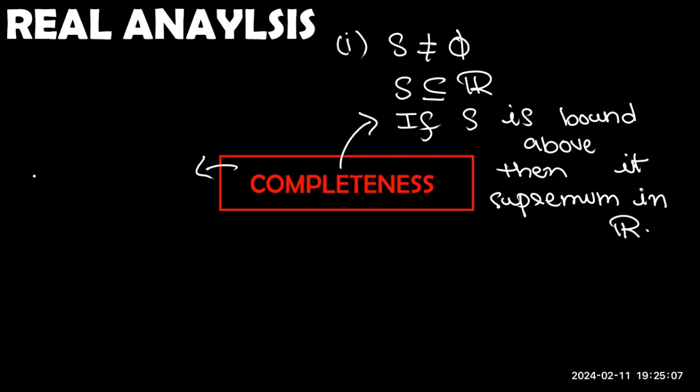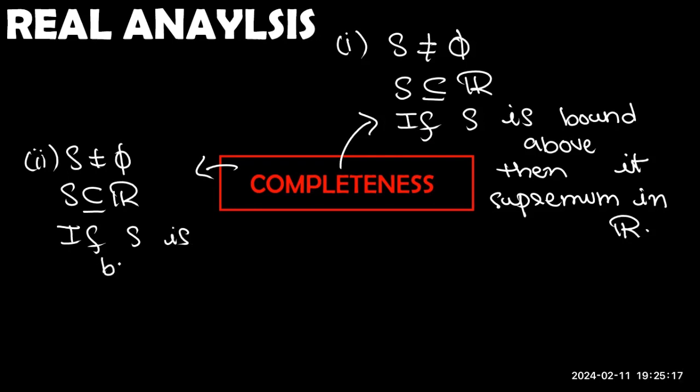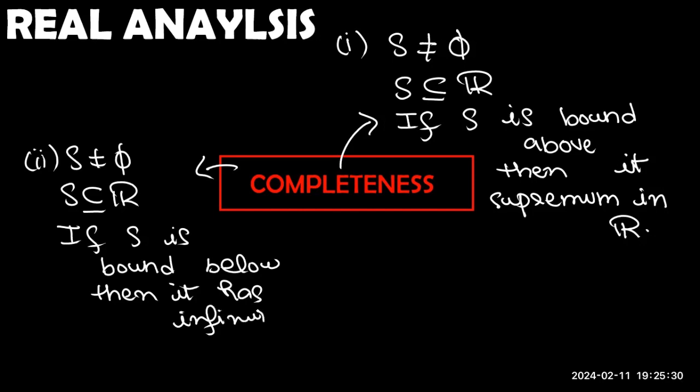And the second point is that if S is non-empty and a subset of real numbers, if S is bounded below, then it has an infimum in R. So this is the completeness property of real numbers.